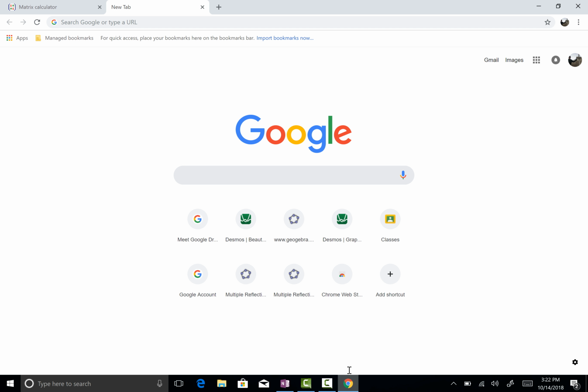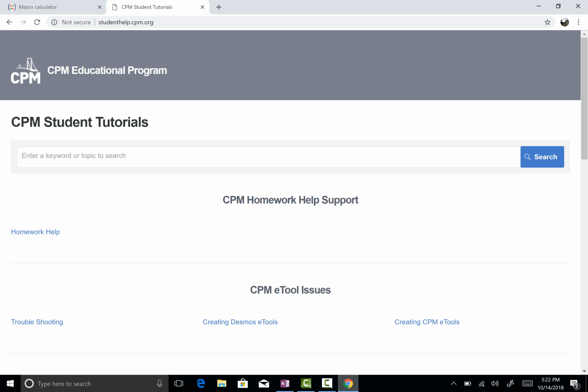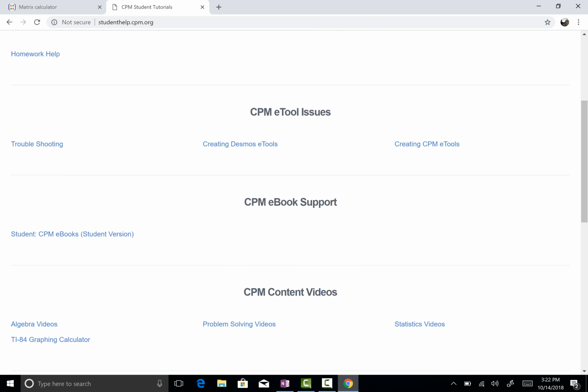So what we want to do is go to technology.cpm.org, and I want to see if I can get something out of that. I'm looking for the 3D surface plotter. Let's see if that's in there.